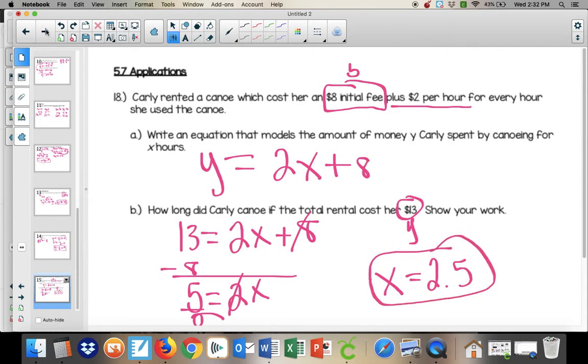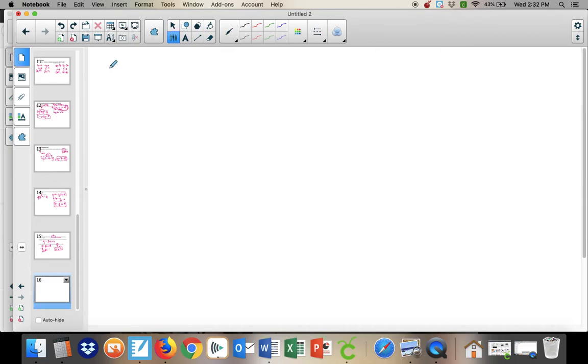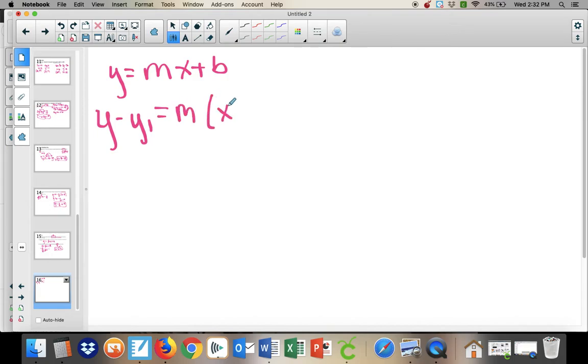All right, so here's my helpful tip for you. I would be writing down the formulas. Y equals mx plus b. Y minus y1 is m times x minus x1.